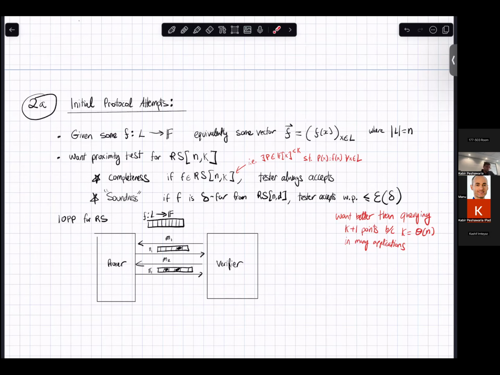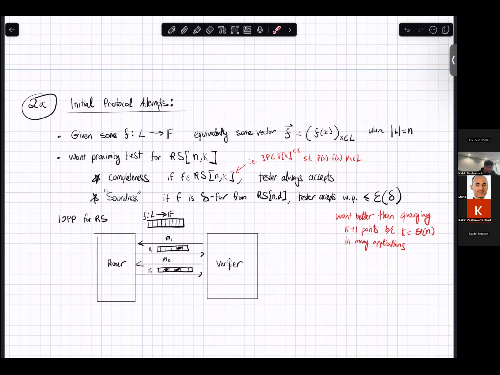That is a test, but it's not actually great, because in many contexts, including the context we cared about, this blow up from k to n is going to be linear. k is going to be something like n over 2 or n over 4 or n over 16. In which case we don't want to be doing so many queries. k is large.